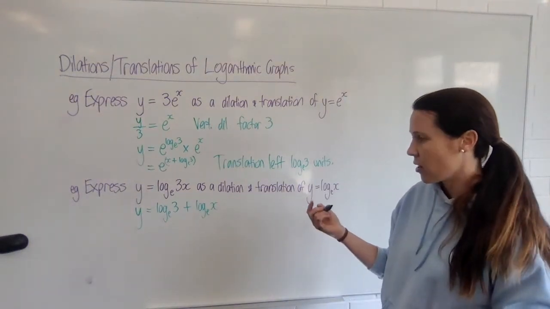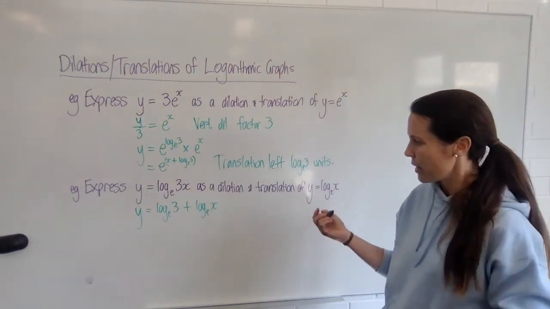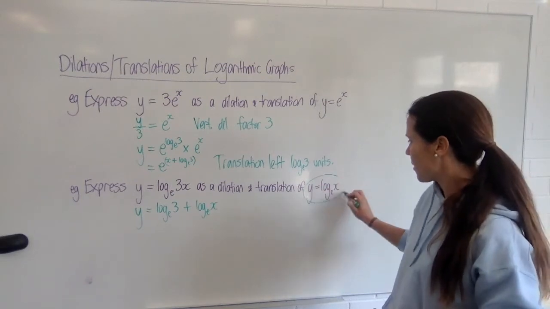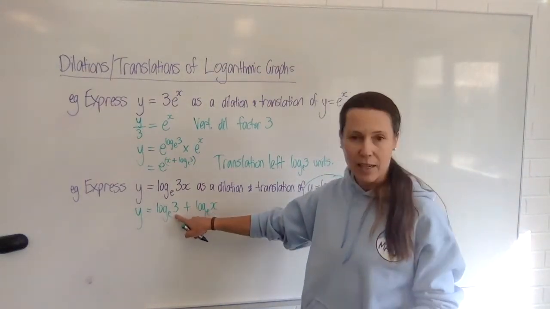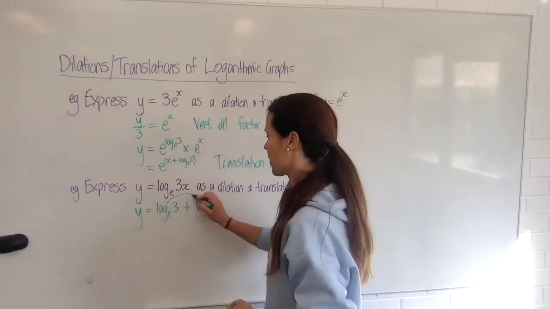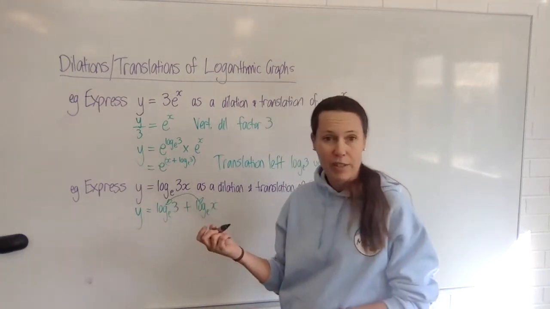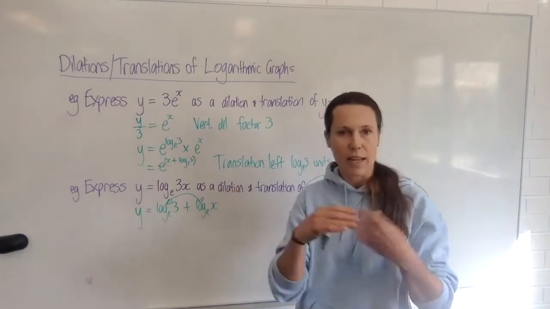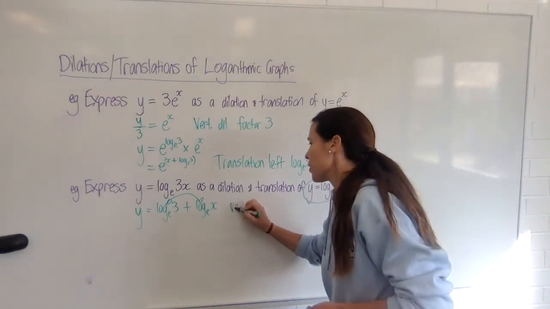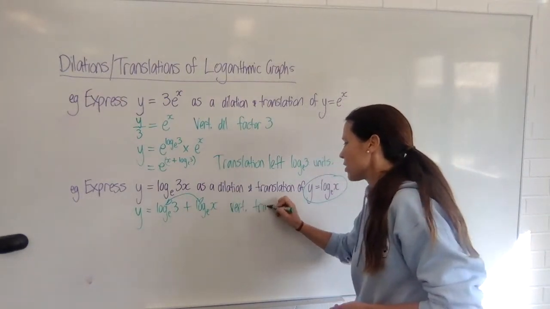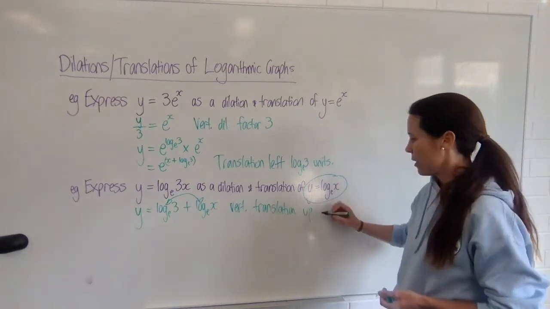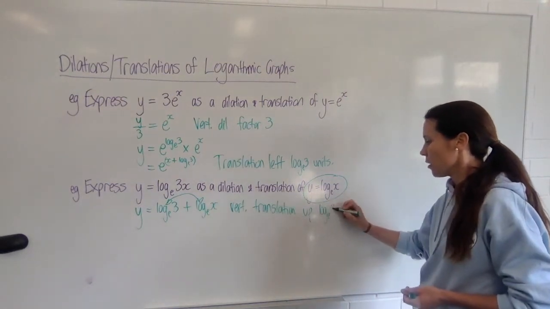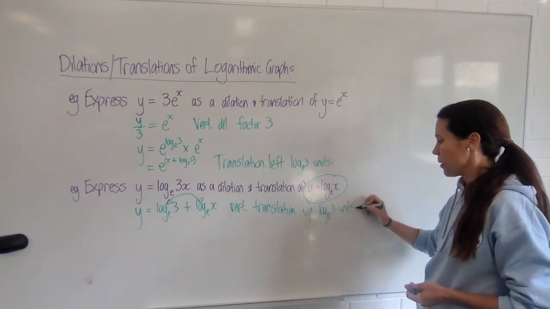So now this looks a lot to me like a vertical translation because it's just like this curve, except it's got this plus log of 3 tacked on. And in fact, if I wrote these around the other way, that might be more obvious to see that this is sort of tacked on to the end. So this is a vertical translation, and we've actually gone up, and we've gone the log of 3 units up.